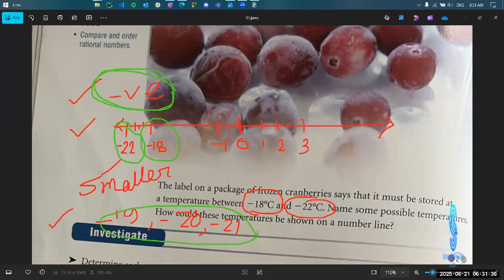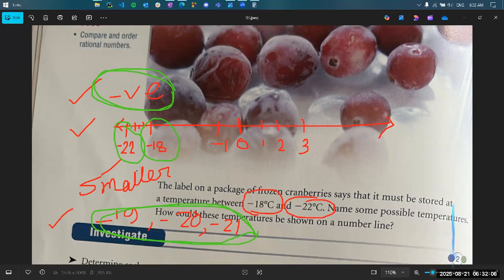The third point: I have already marked it down for you. These ones are not shown on the number line. I have said that these particular numbers are situated in between the given numbers, -18 and -22. They haven't provided them. However, there are some numbers.